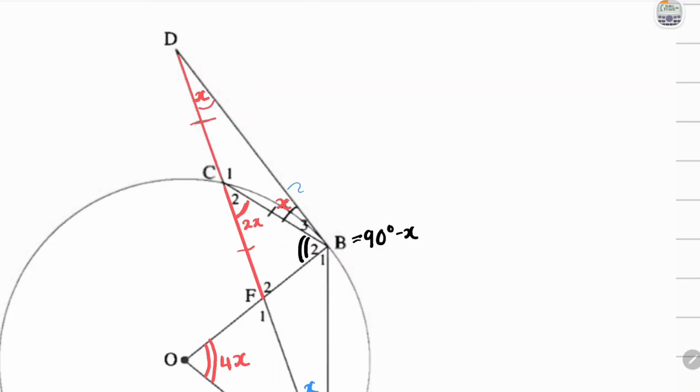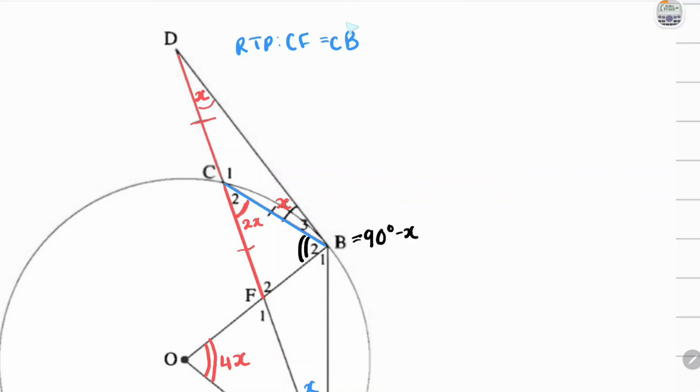If we can show that CF is equal to CB, because we already know that CB is equal to CD, then that will make these two equal. So what we're going to focus on is checking to see if CF is actually equal to CB.